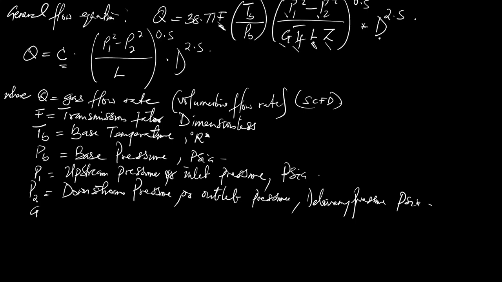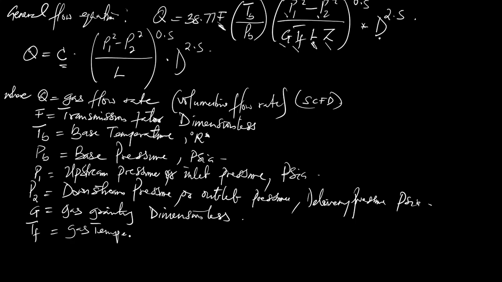Then we have the G, the capital G, which is the gas gravity. This is dimensionless. Now we have the TF, which is the gas temperature, or you call it the fluid temperature, which is why they put F here. It is in degree Rankine. You have the Z, which is the compressibility factor.